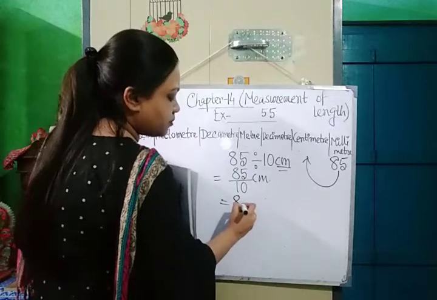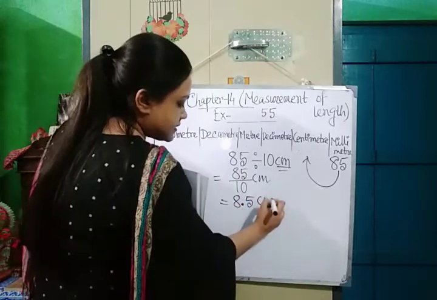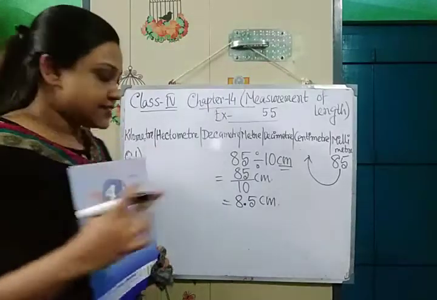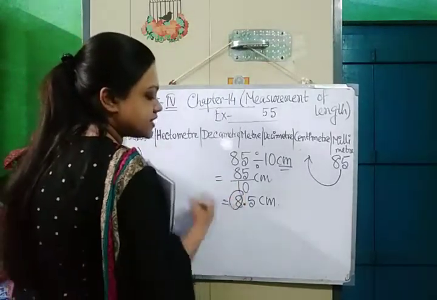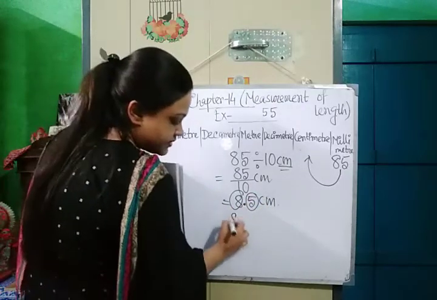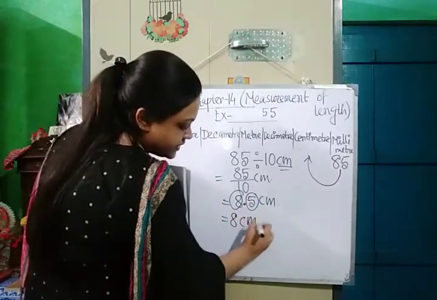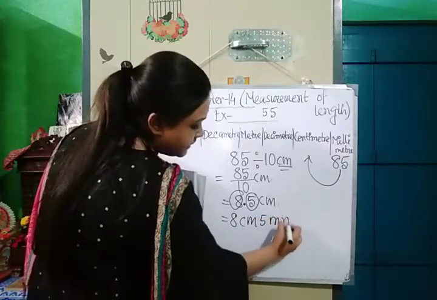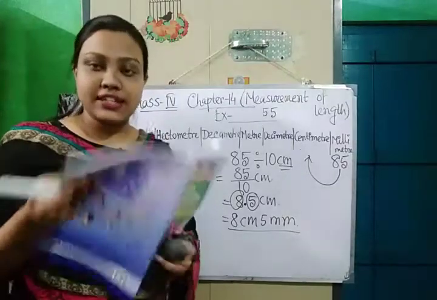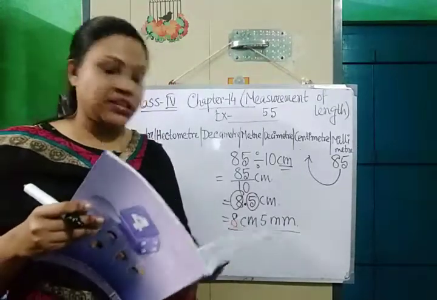So it will be 8.5 centimeter, or we can also write it as 8 centimeter 5 millimeter. 8.5 centimeter means 8 centimeter 5 millimeter.